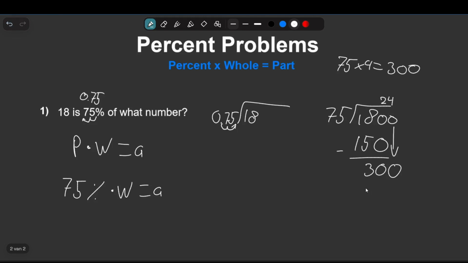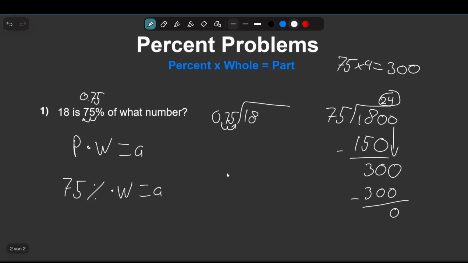So now we can subtract these two. 300 minus 300 equals 0. As you can see, 0 minus 0 equals 0, and 3 minus 3 equals 0. And this tells us that we have landed on our final answer of 24.